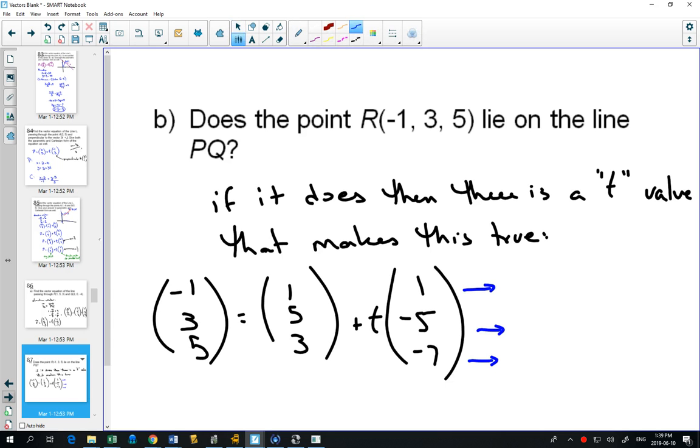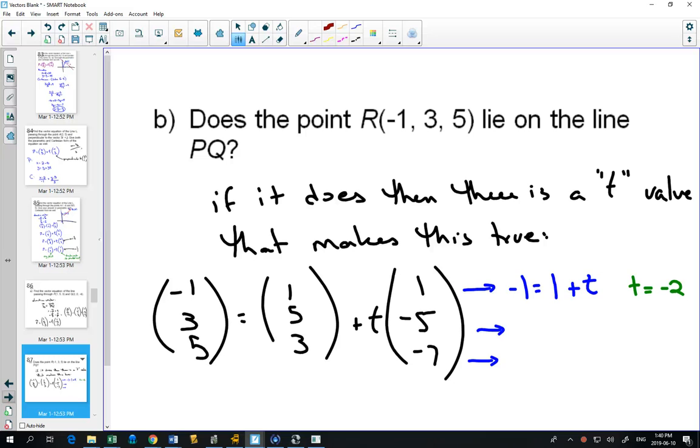Now we can look at the parametric equations for each of these. The first one says that -1 would have to equal 1 plus t. Can you see that you could solve for that in equation 1? T would have to be -2.